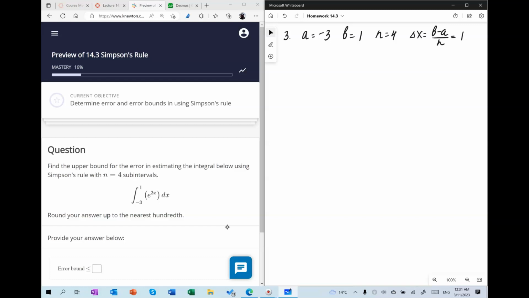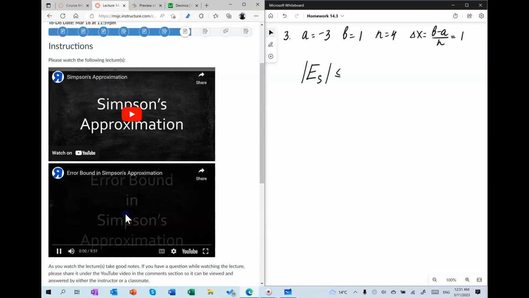So we are actually looking for the error bound, which I didn't realize. So to find the error bound, we need to recall the formula, and the formula is covered in this lecture.